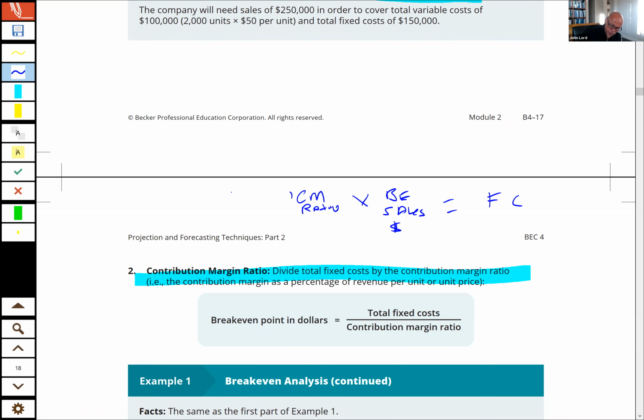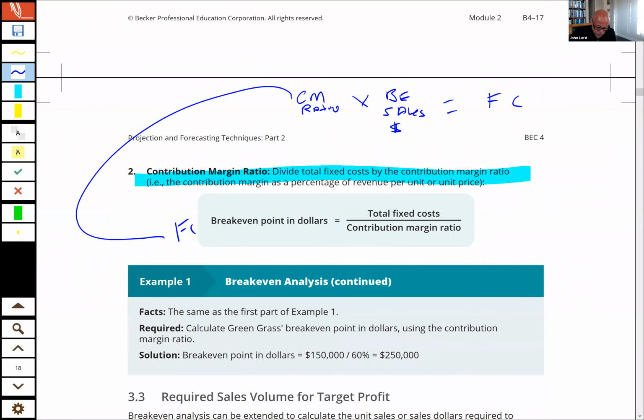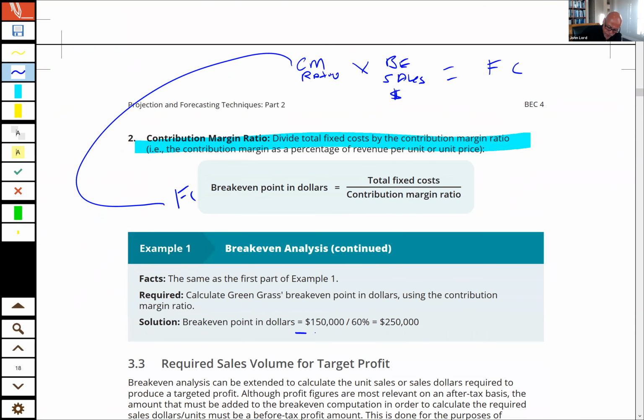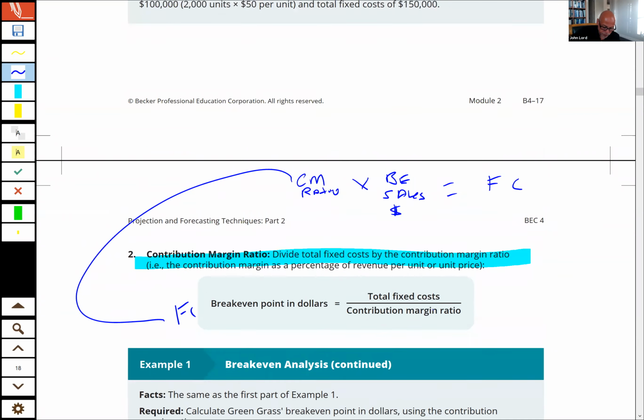So you do the algebra, you come up with what? Break-even point in sales dollars. You simply divide each side by the contribution margin ratio. And that's what they did here. They took that 60% and divided it into the fixed cost. That gave me the same answer that I got by taking the sales price times the break-even units. I got the same answer.